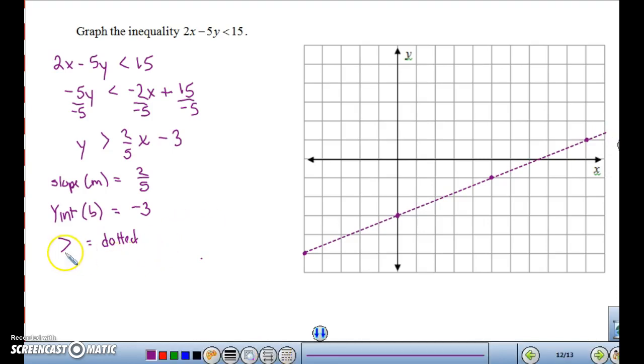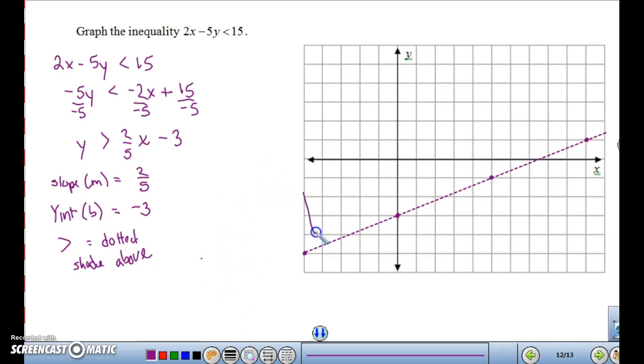What else does greater than tell us? Well, remember, greater than means the points that make the inequality true are going to work for these graphs. So we have to figure out where the values of y will be greater than 2/5 x minus 3. Since it's greater than, it's going to be dotted. It also means we're going to shade above the line because it's greater than. Remember doing that in Algebra 1?